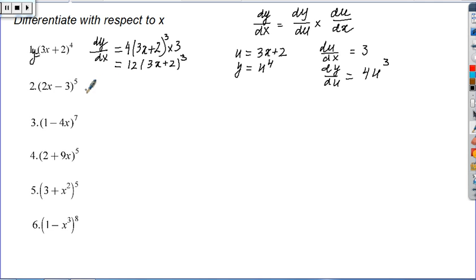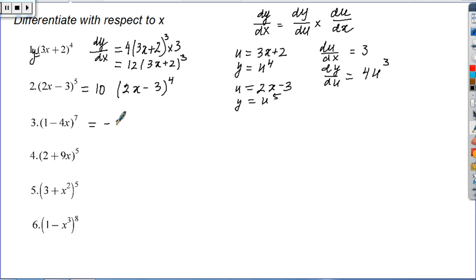In the next question, if you follow the same procedure, you take u as 2x minus 3, y is u to the power 5, then you find du by dx, you find dy by du, and hopefully you should get 10(2x-3)^4.